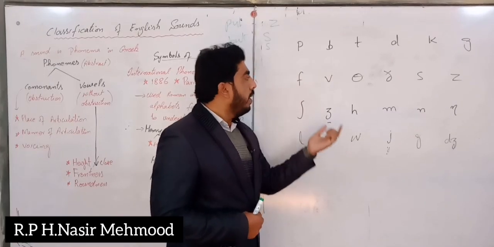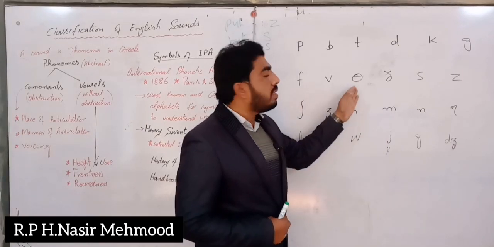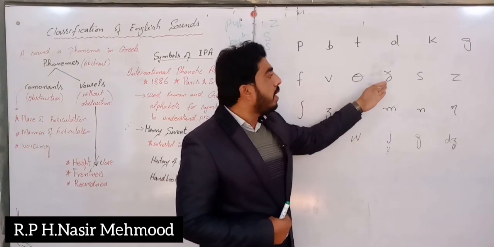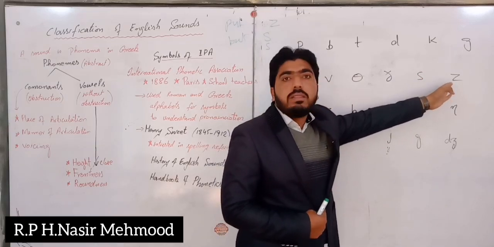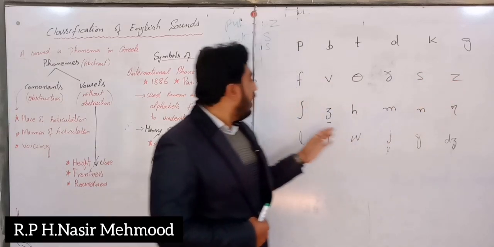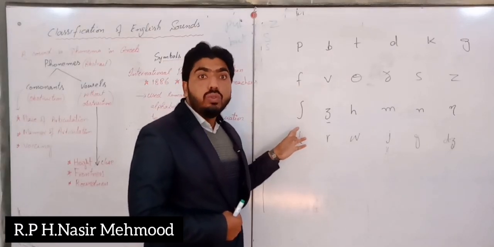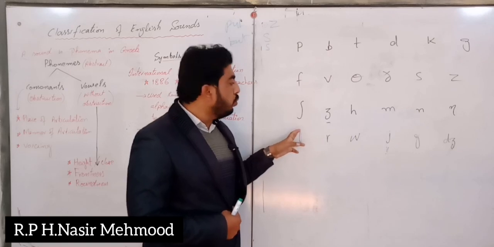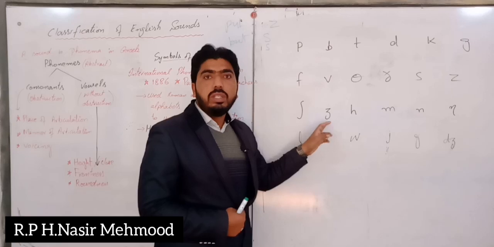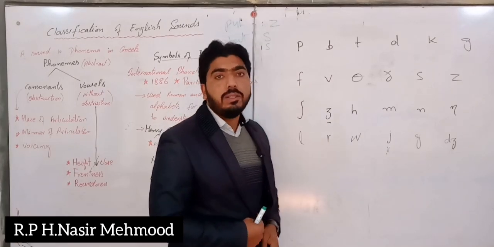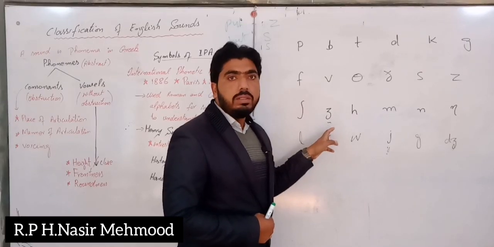And the next one is the theta sound. This one, d. And this one, z. And this one, sh, as in the beginning of she, shoes. This one is the sound in measure, pleasure.